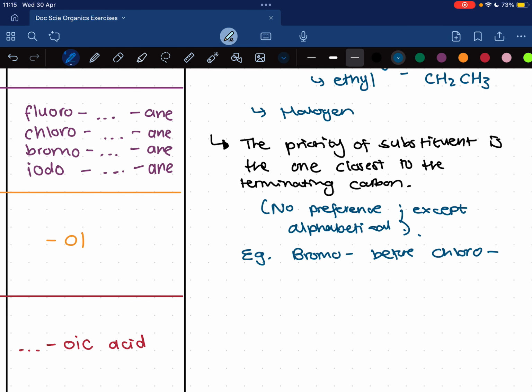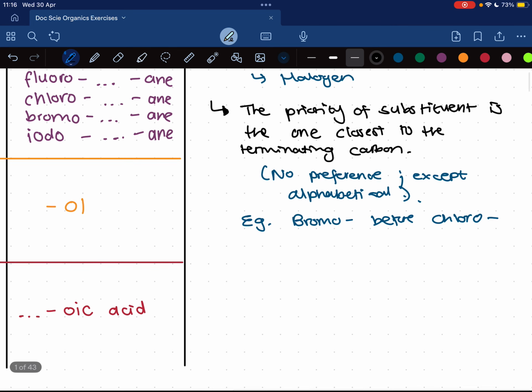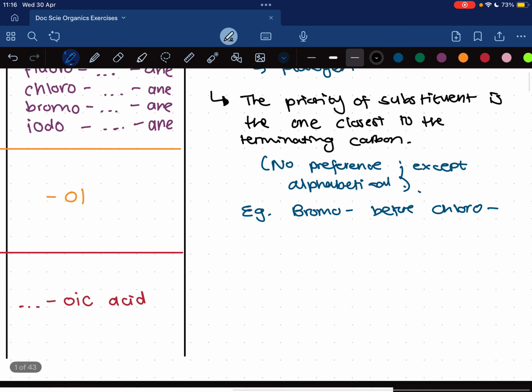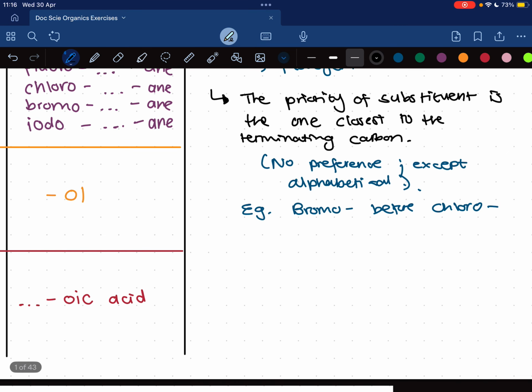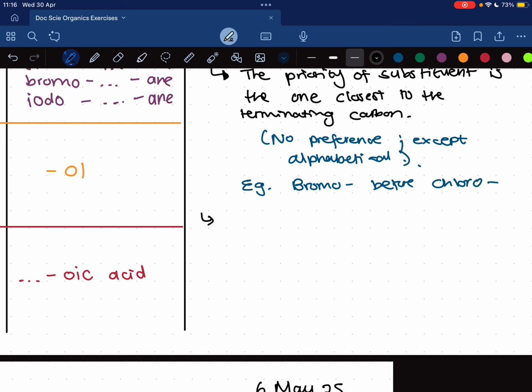Then it's important to remember that you need to include prefixes when there is more than one of a type of functional group. An example is if there are two double bonds, then you would say diene.